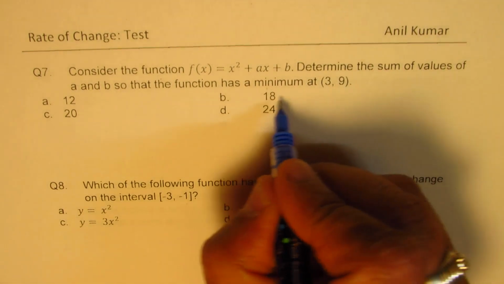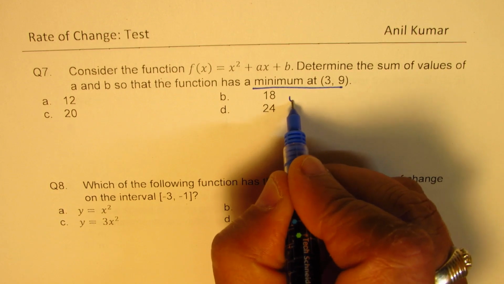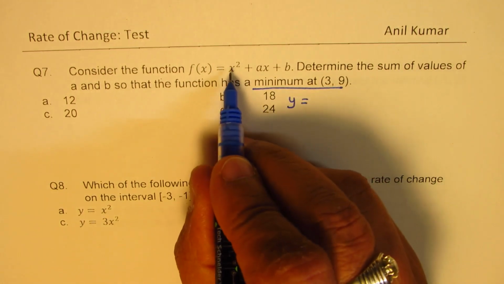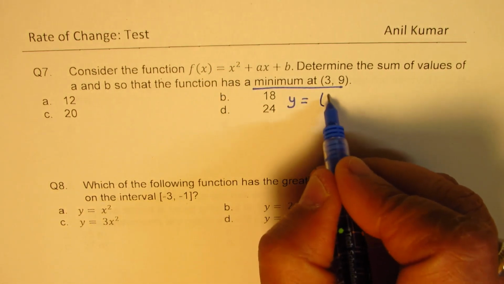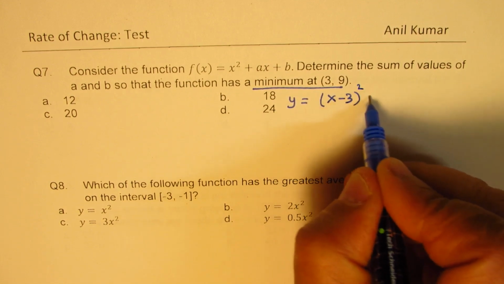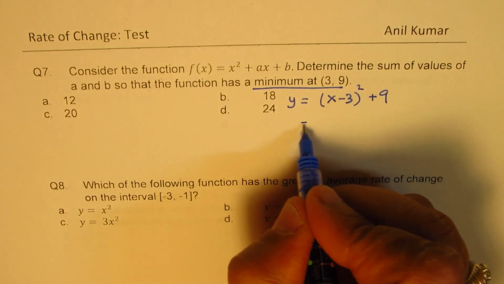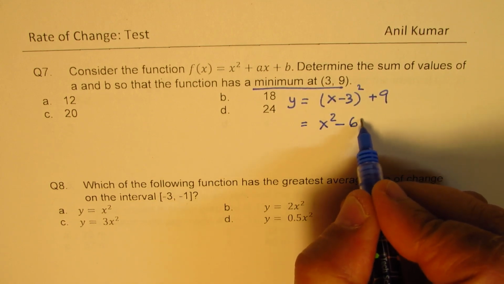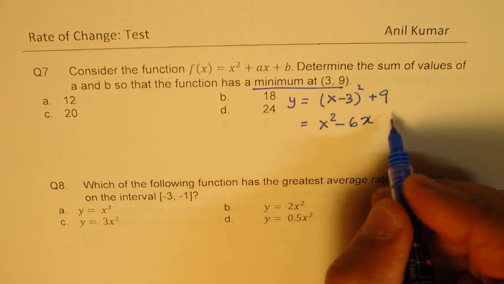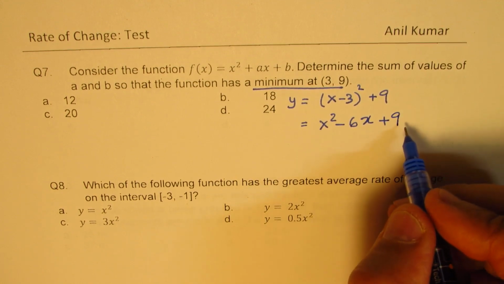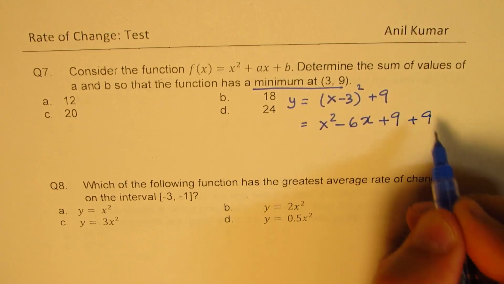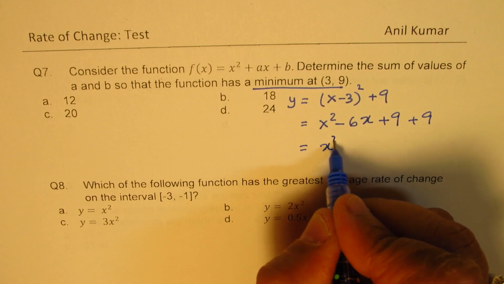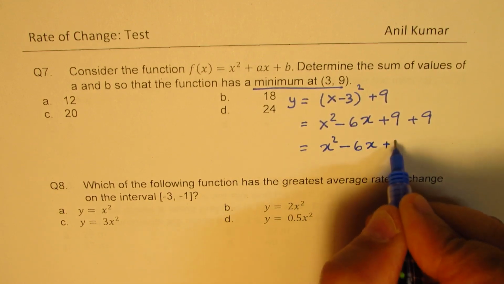So minimum at 3 and 9 means y equals, x coefficient has been taken as 1, so let's write x minus 3 whole square plus 9, right? So let's expand this. So we get x square minus 6x, 3 square, which is 9, right? And this is also plus 9. So that gives us x square minus 6x plus 18.